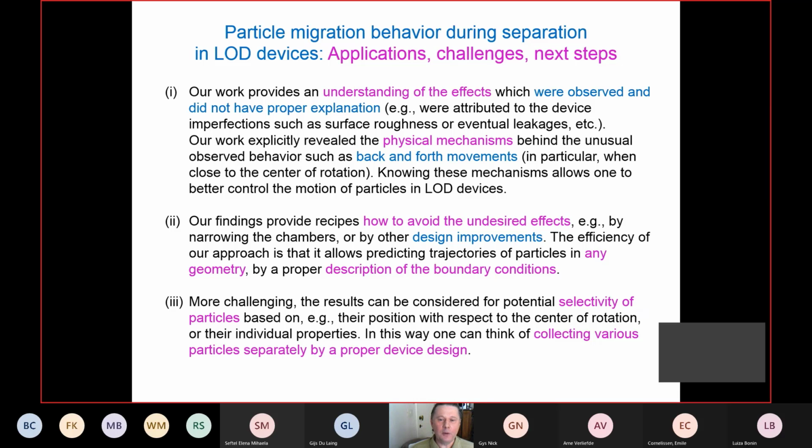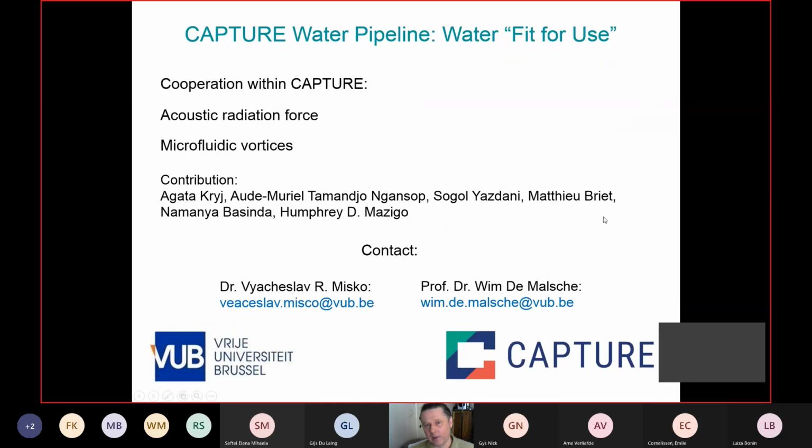Like we just saw that particles behave differently depending on their properties: where they are, what the size is, what the mass is, what the composition is. And if they behave differently and we can control this behavior, of course, we can straightforwardly think about selectivity. And this is actually our next goal in this cooperation.